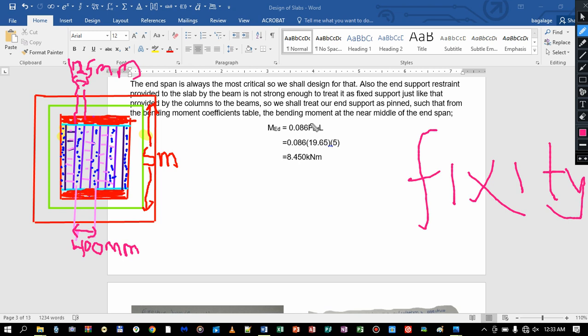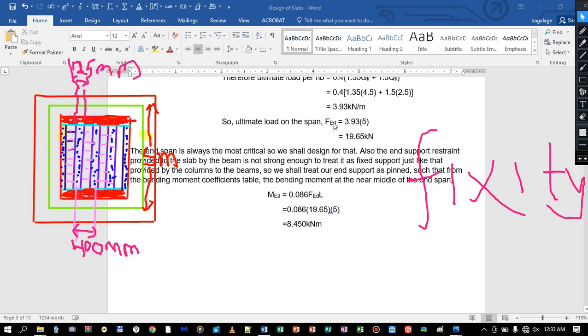So from the bending moment coefficients for one way spanning slabs, at the end span, which is our critical span, the coefficient is 0.086, and if we multiply that by our ultimate design load, which is 19.65, times the span, we get our design sagging moment.